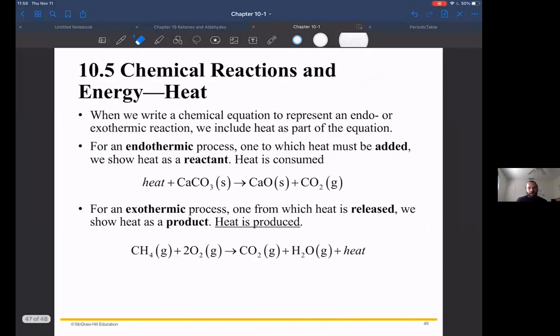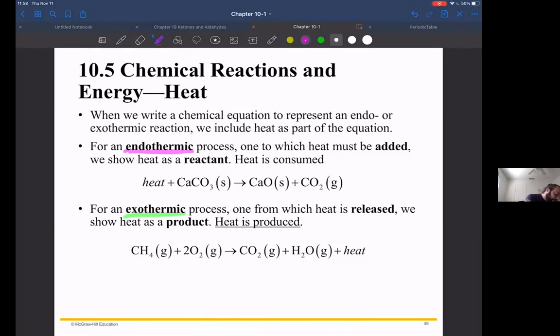The last thing we're going to talk about, and this is just quick terminology that we need to know, is this idea of whether or not a reaction is endothermic or exothermic. The back end of those words, thermic, right? So thermo, we're talking about temperature here and specifically heat.